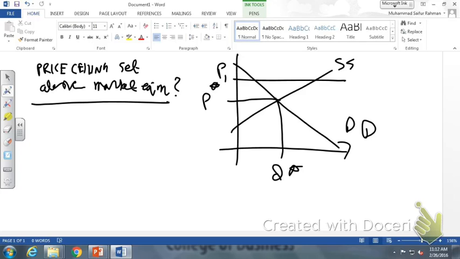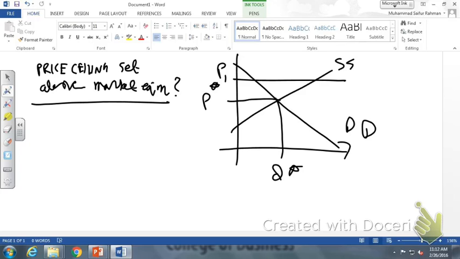So the market is basically unregulated below P1. Our buyer and seller will interact with each other, and they will always come to the market equilibrium price of P star, and they will all buy and sell Q star quantity.